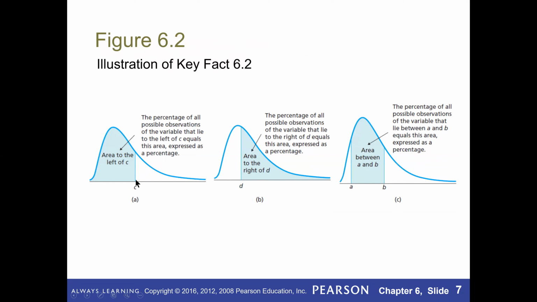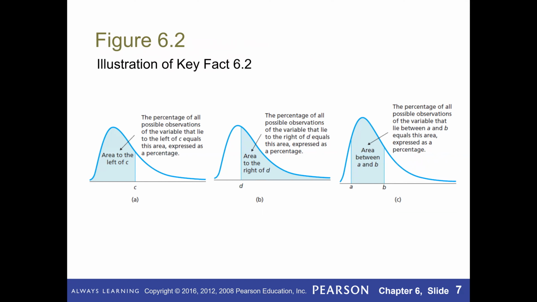So in this case, calculating probability is equal to calculating the area under the curve. And this type of question is like doing a problem in calculus, if you have taken calculus before.